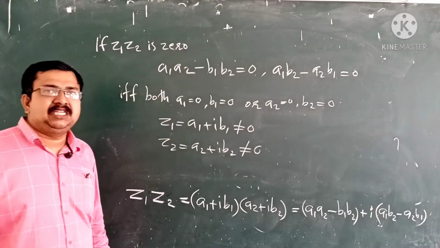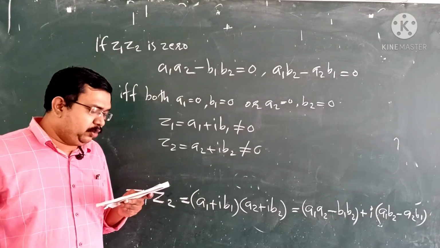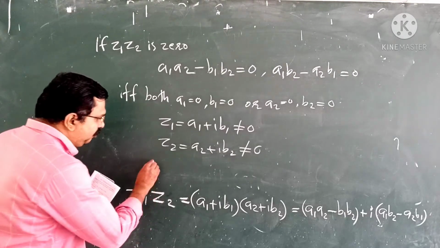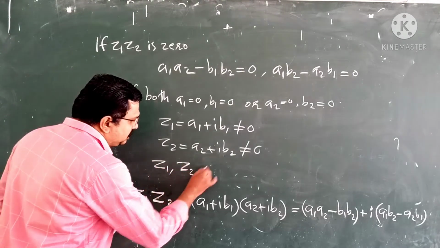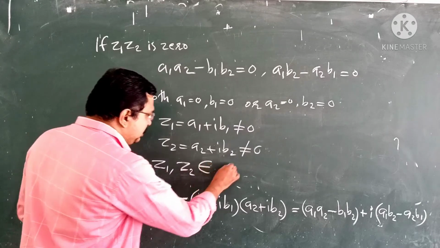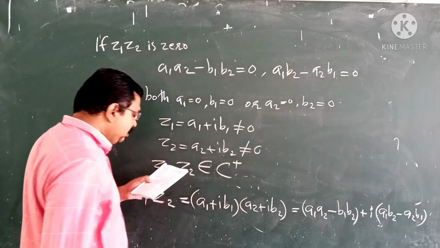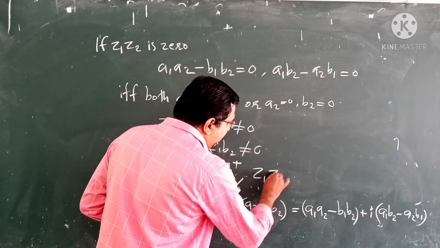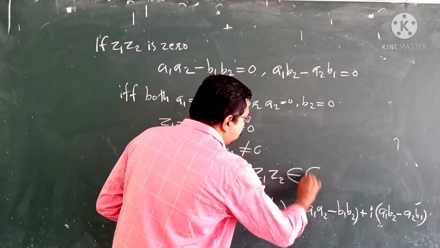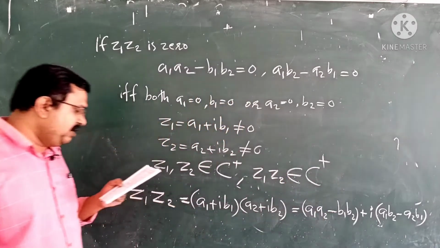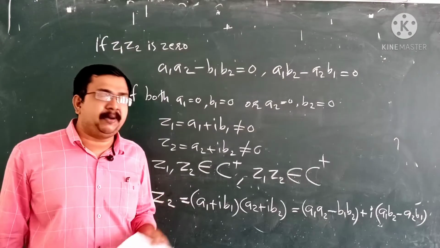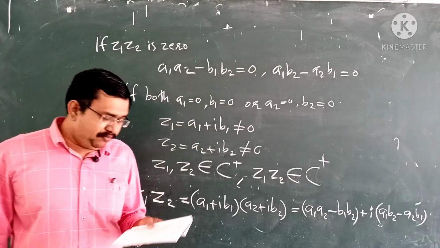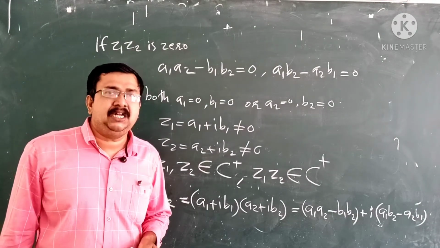Therefore, for every Z1, Z2 in C plus, Z1 into Z2 also belongs to C plus, which shows the closure property of multiplication in C plus.